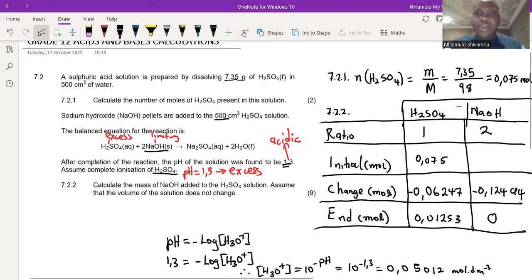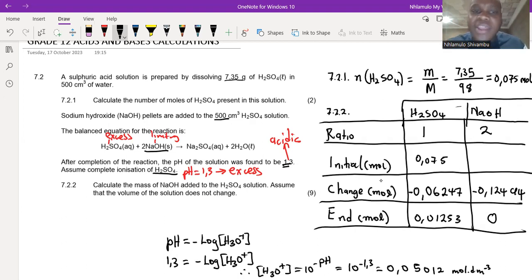And then let us go to the question. Let us check what they're looking for. In the question, they want us to calculate the mass of NaOH added to the solution. So they are basically looking for the initial mass of NaOH.